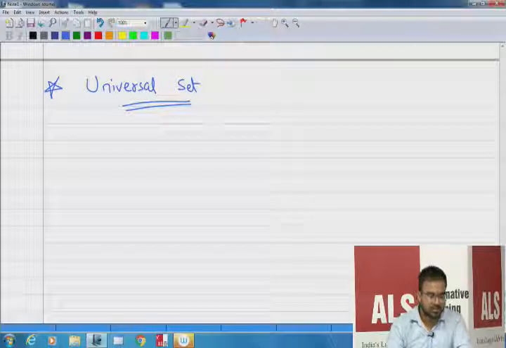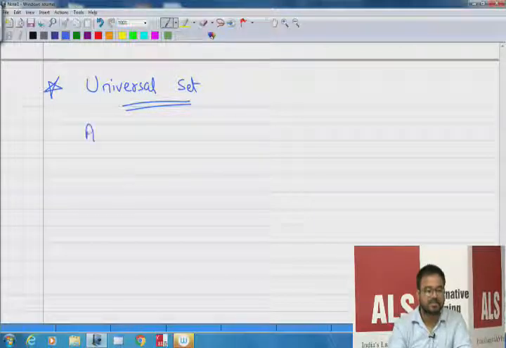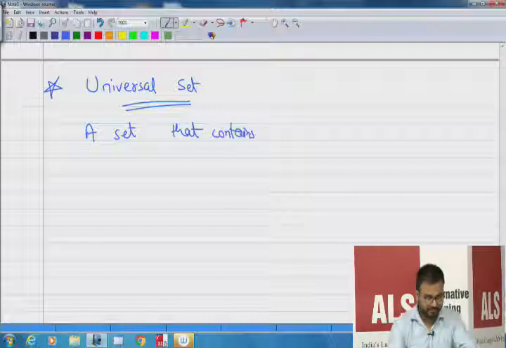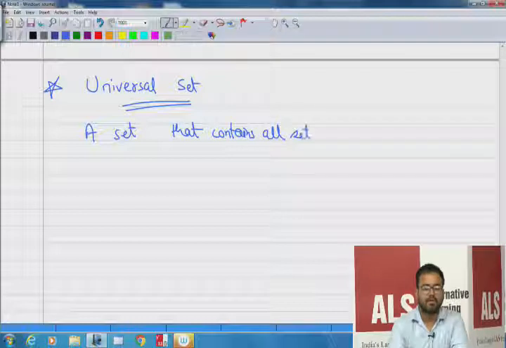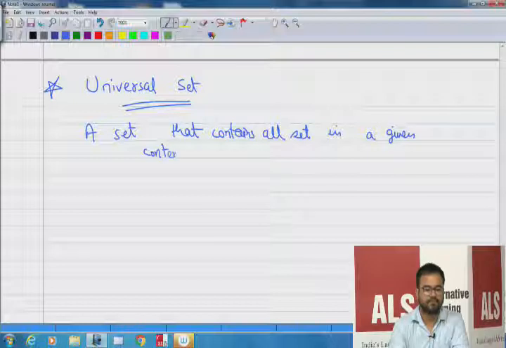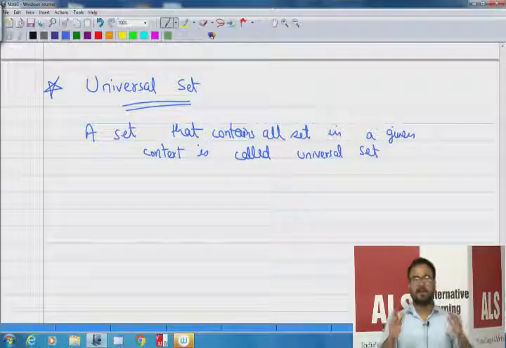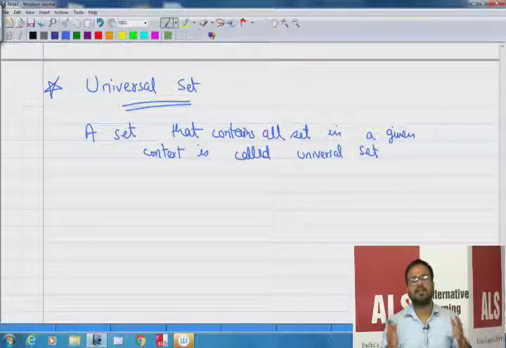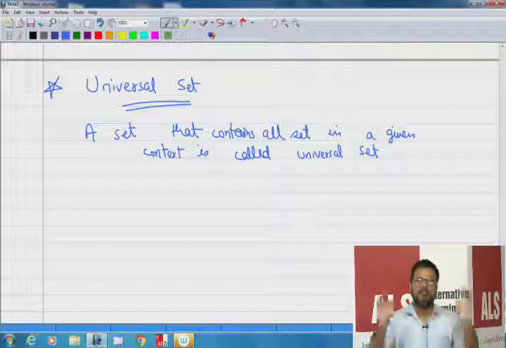So basically, you can write the definition. Universal set is a set that contains all sets in a given context. It is the collection of all sets which are under consideration.